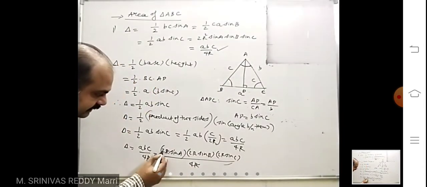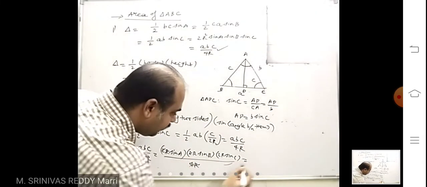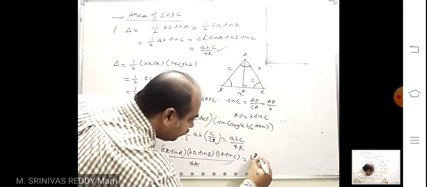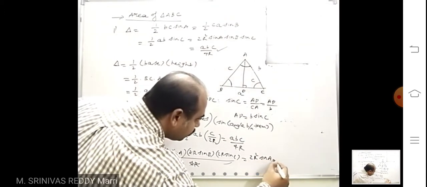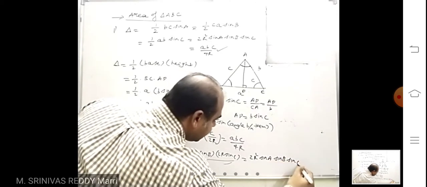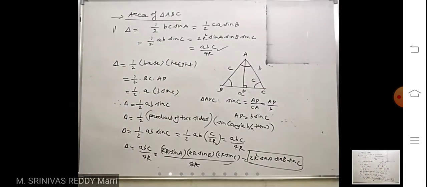One R will get cancelled, and 2 and 4 will get cancelled. Therefore, R into 2R is 2R squared: delta equals 2R squared sin A sin B sin C.